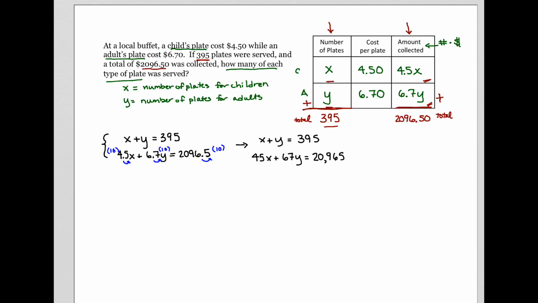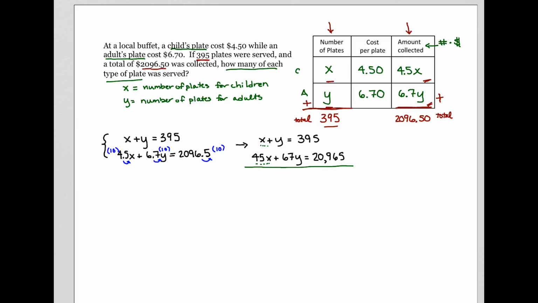Now let's use that addition-elimination method. Again, if you like, you could have also used the substitution method. In the addition-elimination method, you want to add the equations down to cancel a variable. If I want to eliminate a variable, perhaps I'm going to choose to eliminate my x's.